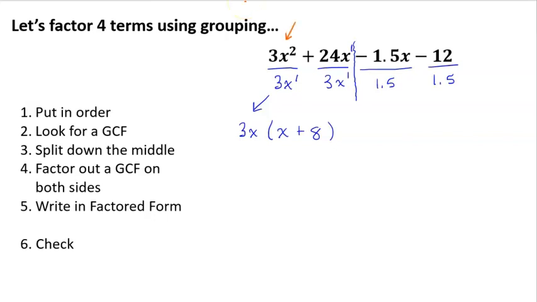If the leading coefficient is negative, whether it's on the left, on the right, or while you're doing regular factoring, if your leading coefficient is negative, your GCF needs to be negative. So this is going to be a negative 1.5. We're going to bring it down. And negative 1.5 divided by negative 1.5 is just going to give me 1 and then x.